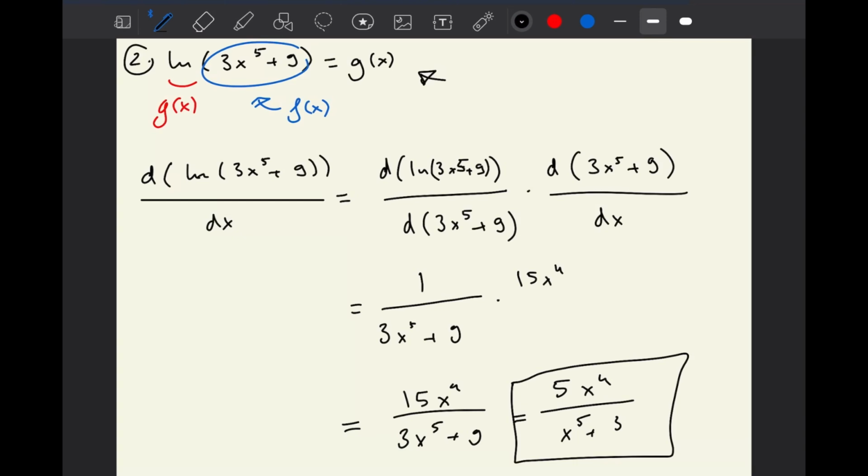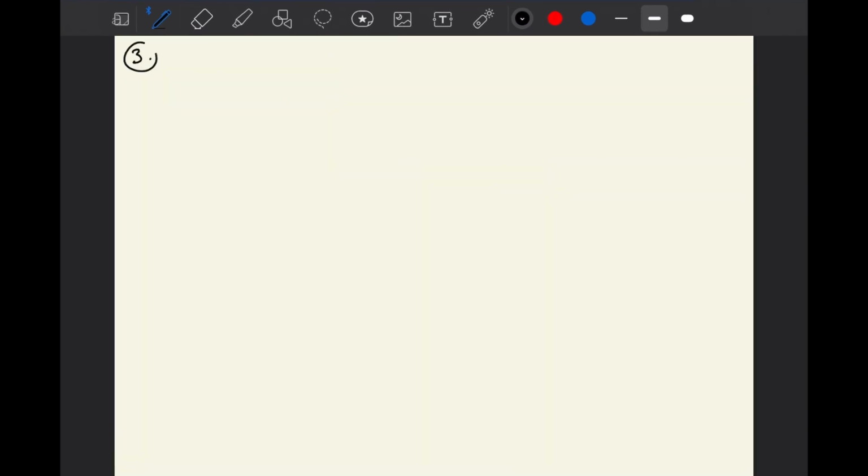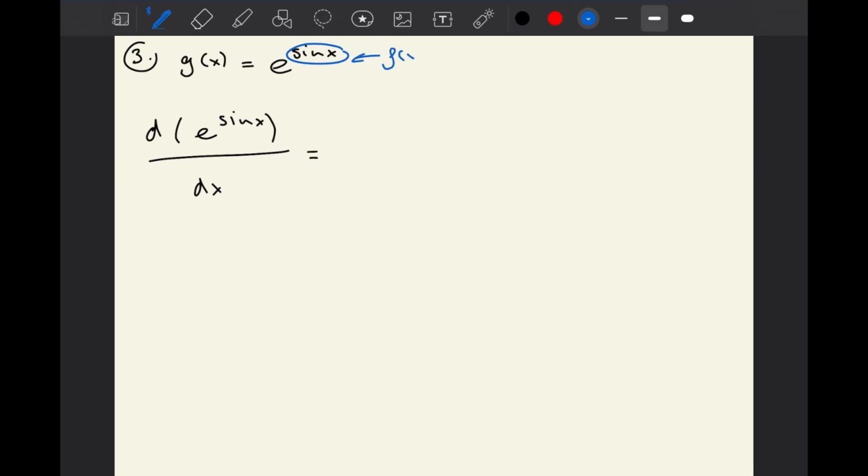Okay, let's move on to our next example with e to the power of x. So in this case, our g of x is going to be e to the power of sine of x. Now, in order to get the derivative of e to the power of sine of x with respect to x, just like we did before, we recognize that sine of x is our f of x, and e to the power of x is our g of x.